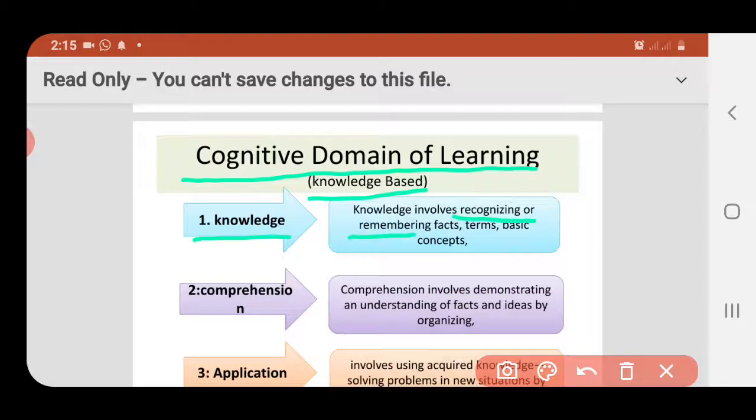And then a child or learner comprehends. The second level of cognitive domain is comprehension. Comprehension involves demonstration and understanding. So what a child learns, he will be able to demonstrate his knowledge and understand the facts completely or comprehensively.